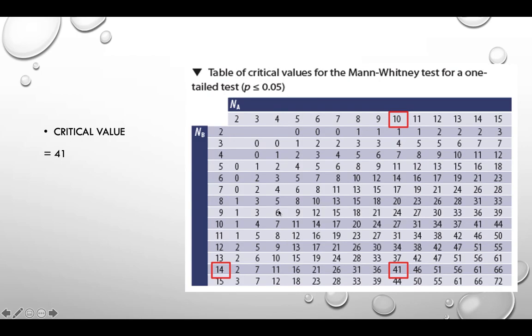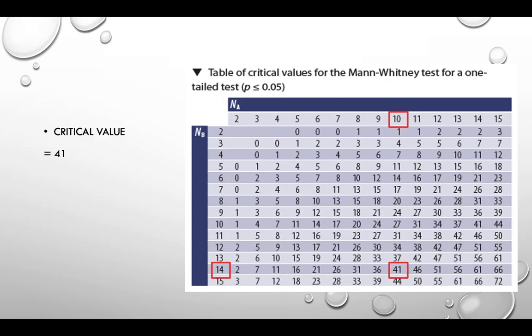So then your critical value drastically drops from 41 to 11, because the fewer participants you have, the less likely you're going to find a significant difference, because it could have just been coincidence. That is why we always say the more participants you have in a study, the better, because there are more chances of finding a genuine result.